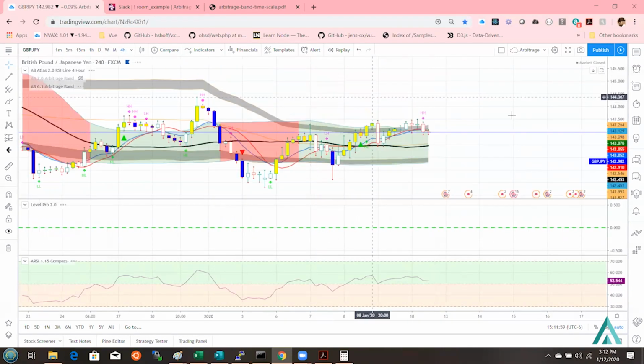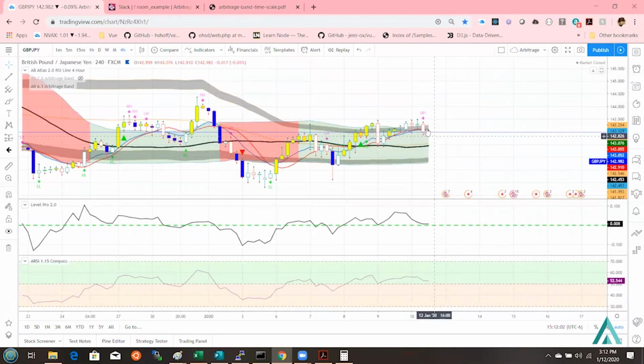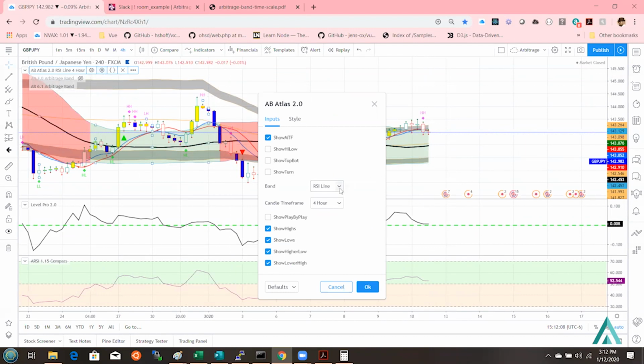So it looks like GBP JPY may actually be going to sell because it's running out of space. And if it breaks under that support and resistance, then yeah, we're going down.